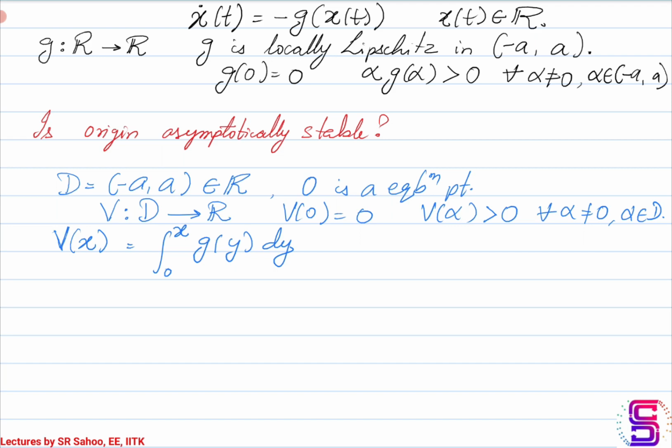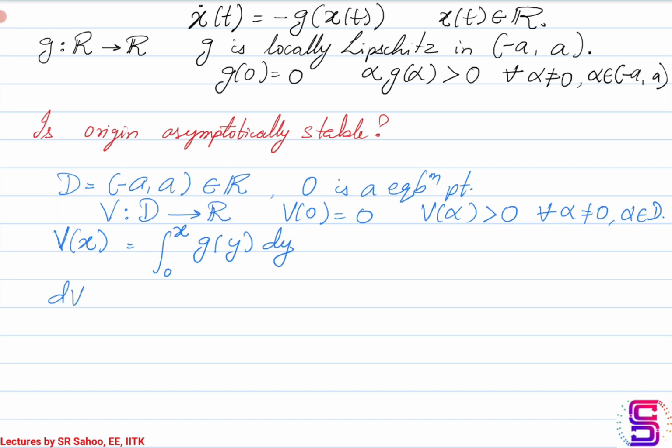You can verify that when x is 0, V of 0 is 0, and when x is not 0, V of x is greater than 0. So V is a positive definite function, and it is continuously differentiable because g is locally Lipschitz. So it is a valid Lyapunov function candidate.